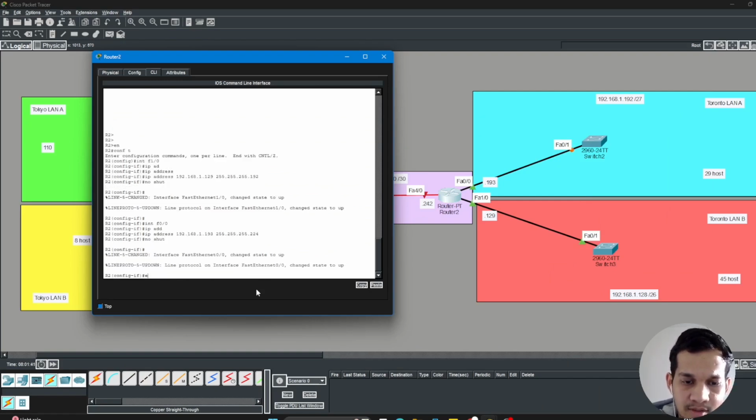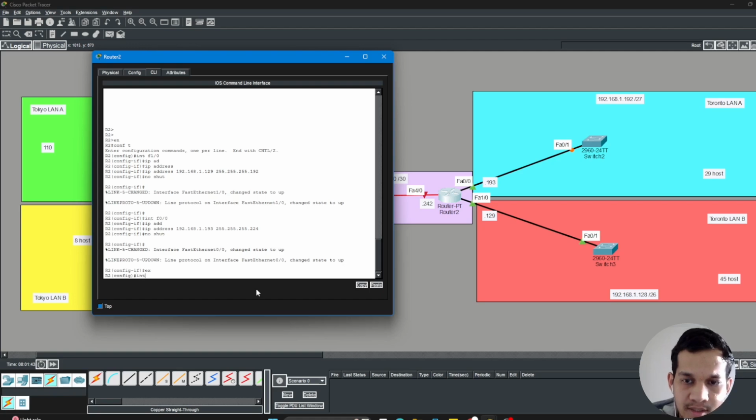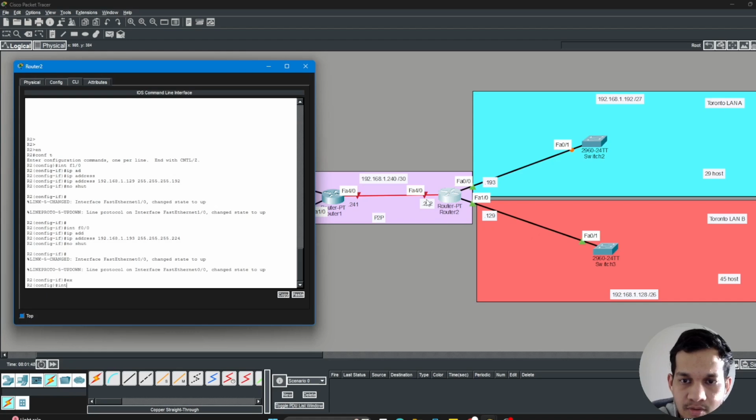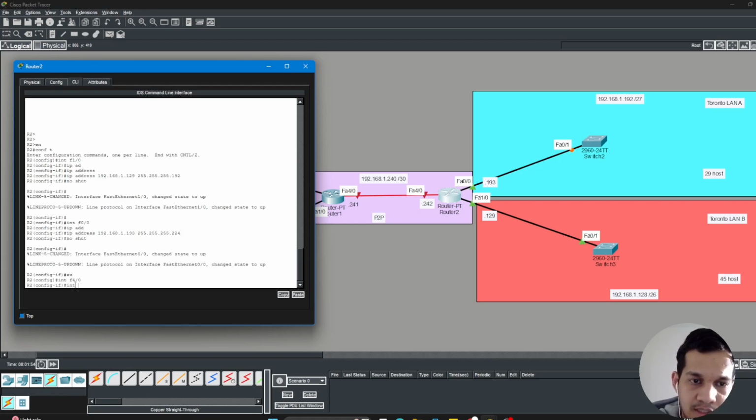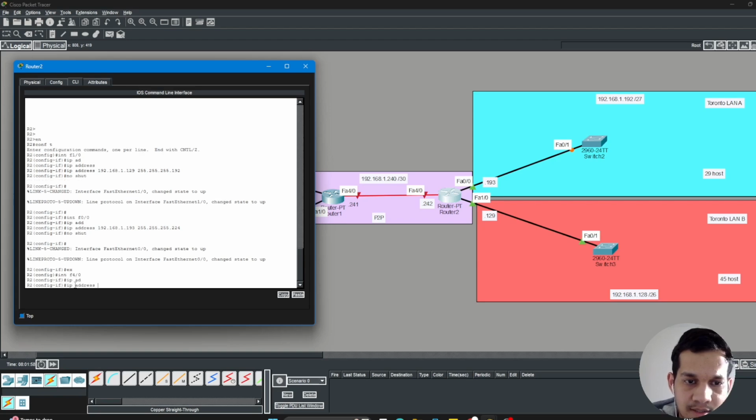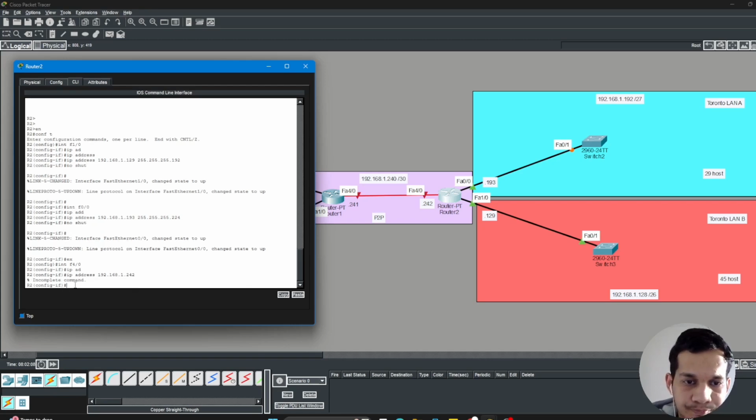And then let's configure the point-to-point interface, F4/0, and the IP address will be 192.168.1.240 is the network. I have already used 241, so what is left is 242.